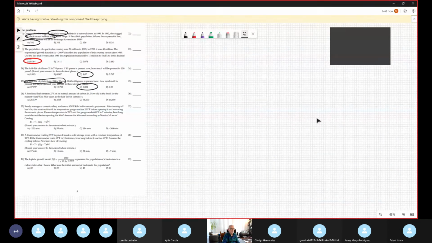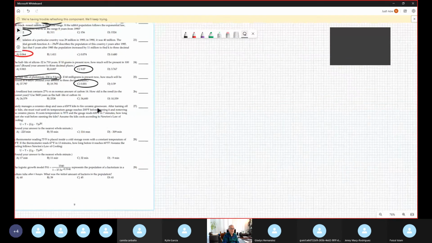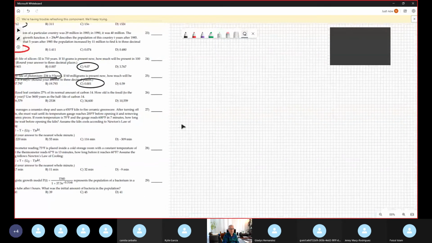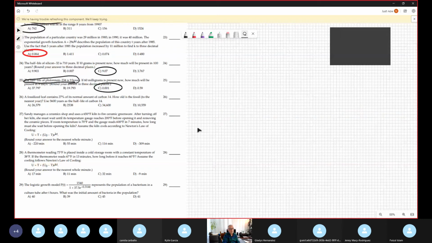Okay, 26 is the same problem because a fossil leaf contains 27% of the normal amount of carbon-14. This is a decay problem. 26 is a decay problem also.